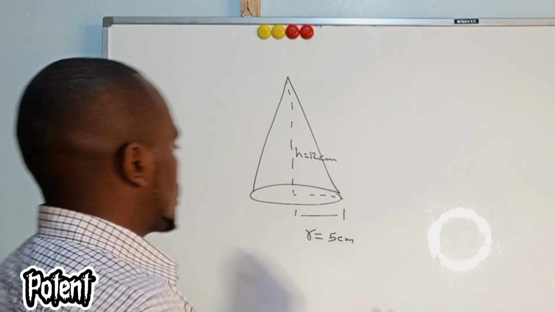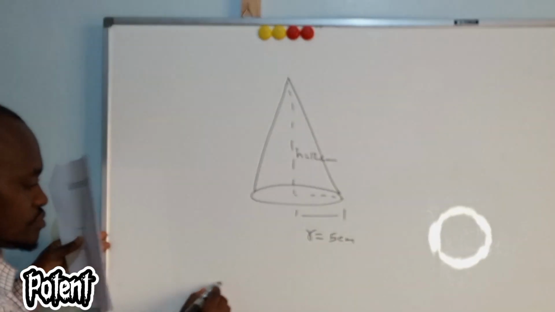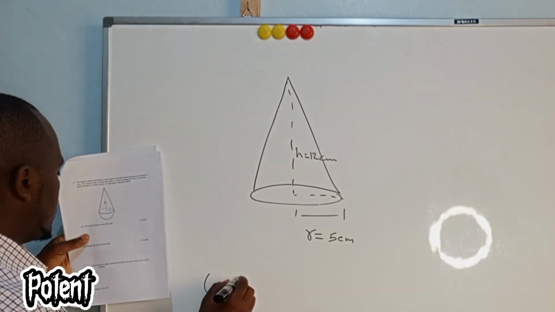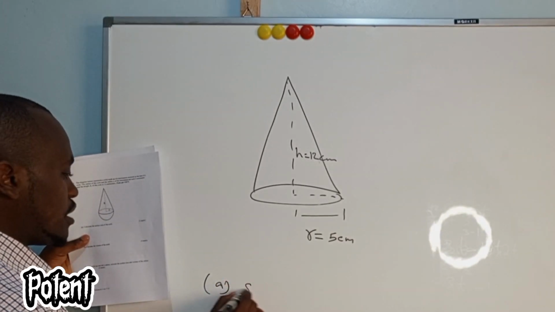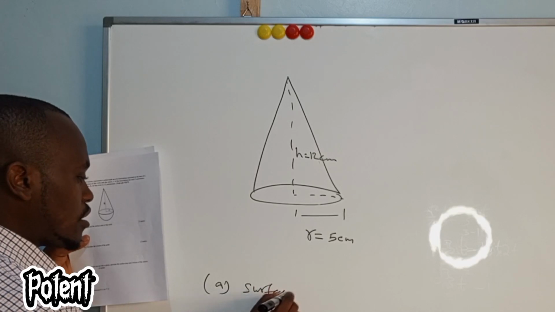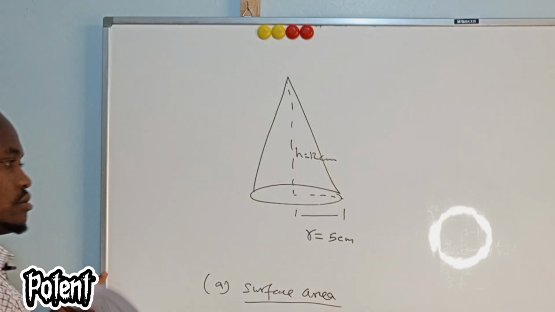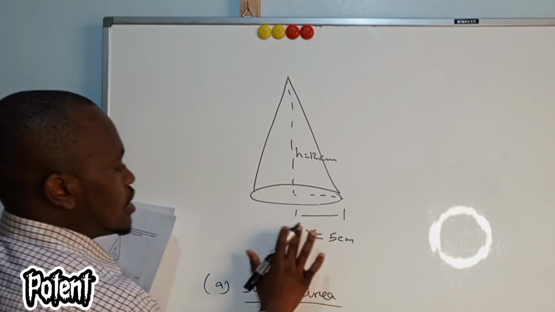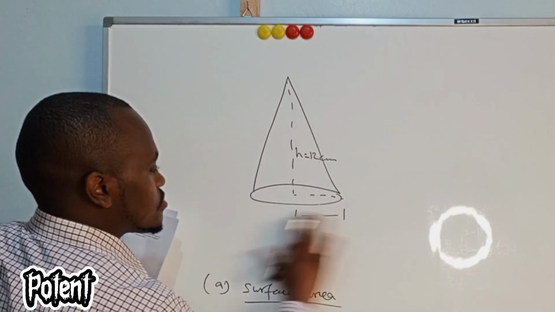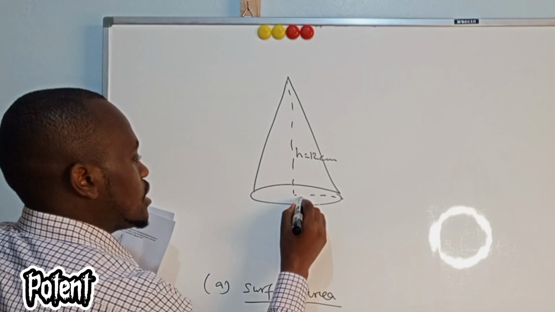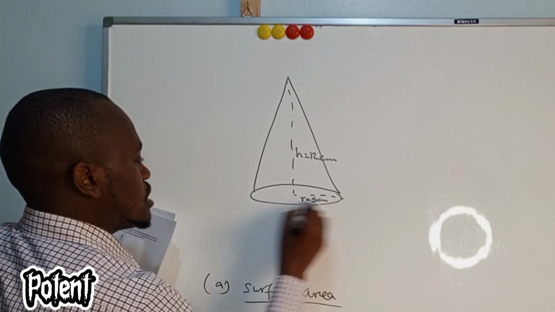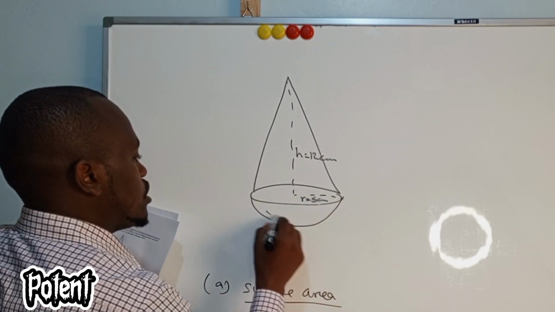The first question asks A, find the surface area of the solid. So r is equals to 5 centimeters and you have the conical part.